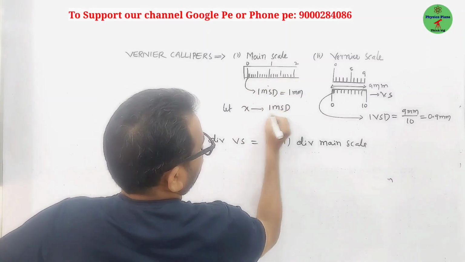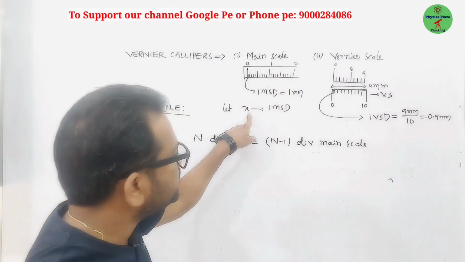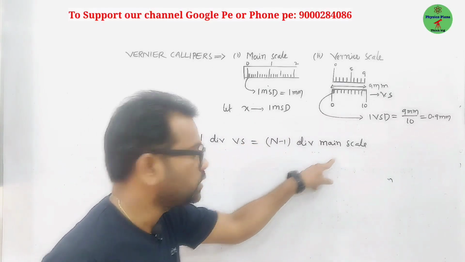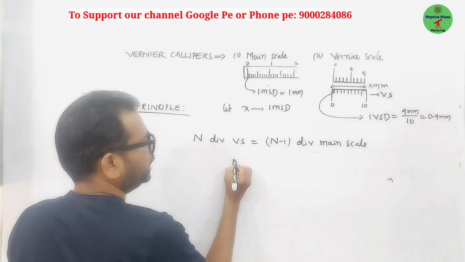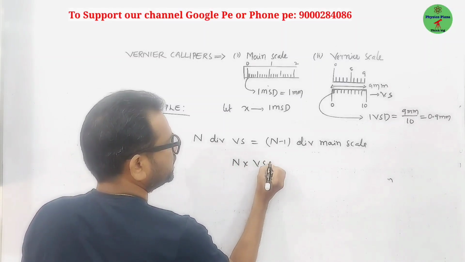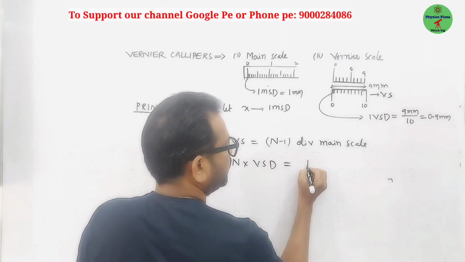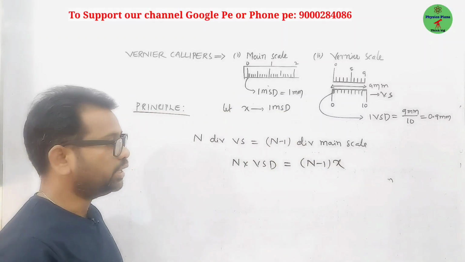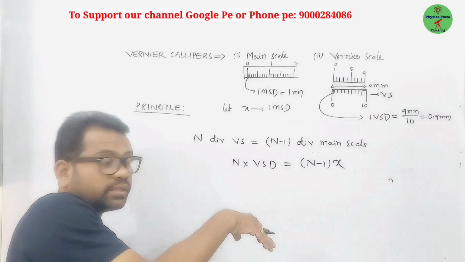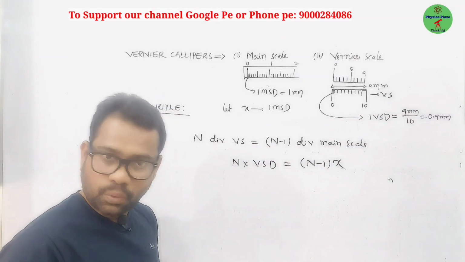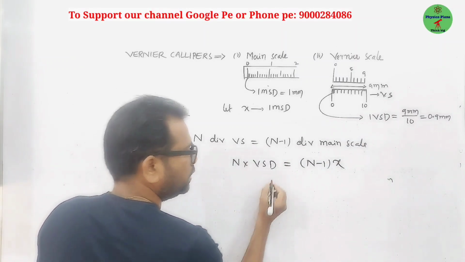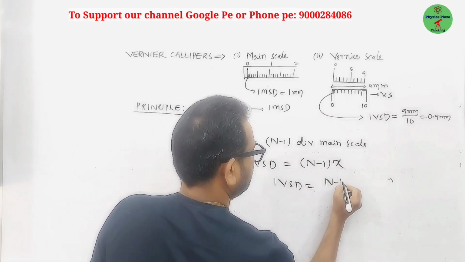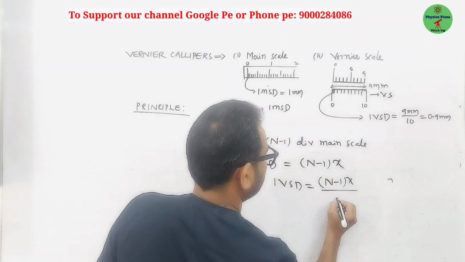So x is equal to 1 MSD, the main scale division. Here can I write n vernier scale divisions equal to n minus 1 into x main scale divisions? If I want one VSD, one VSD is equal to n minus 1 into x by n.